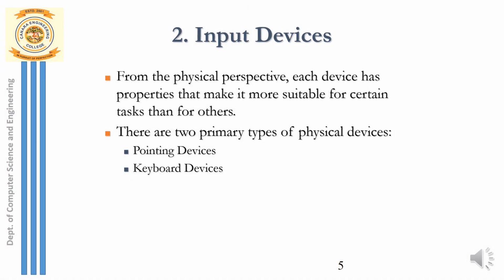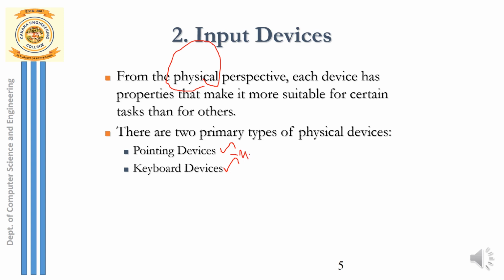Let us see here the other input devices. From the physical perspective, which are the two physical input devices that immediately come to our mind, that we just discussed? It was the pointing device. When I say pointing device, I refer to maybe mouse.